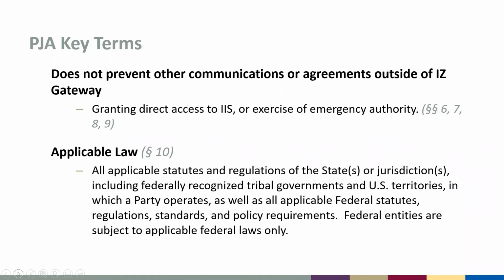And applicable law, I'll just read it because it's clear on its face: all applicable statutes and regulations of the state or jurisdiction, including federally recognized tribal governments and U.S. territories in which the party operates, as well as all applicable federal statutes, regulations, standards, policy requirements. For federal entities, note that they are subject to applicable federal laws only. Next slide.